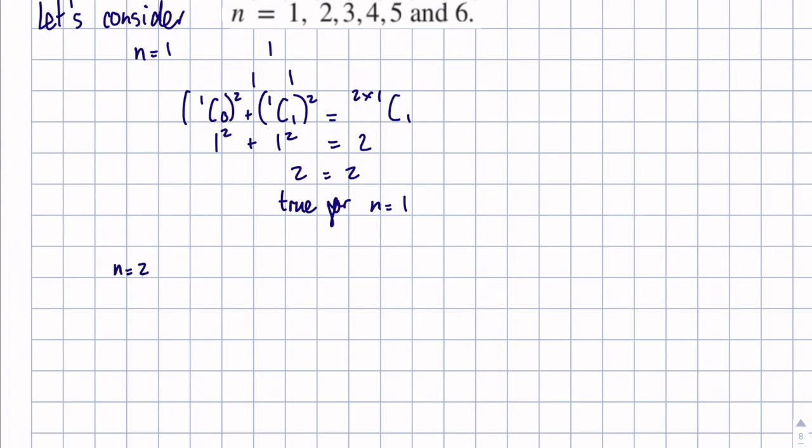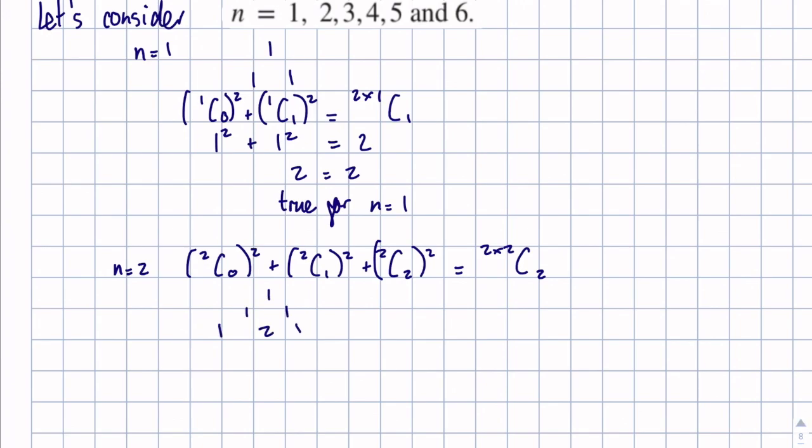Okay, n equals 2. So we have 2C0 squared plus 2C1 squared plus 2C2 squared equals 2 times 2C2. So 2C0, don't forget this is 1, 1, 1, 1, 2, 1. So 2C0 is 1. 2C1 is 2. 2C2 is 1.